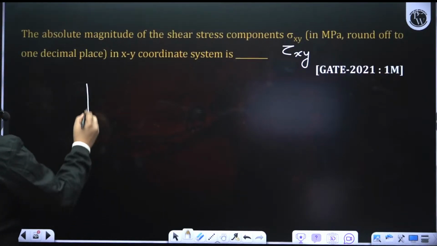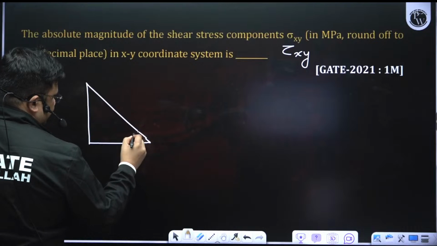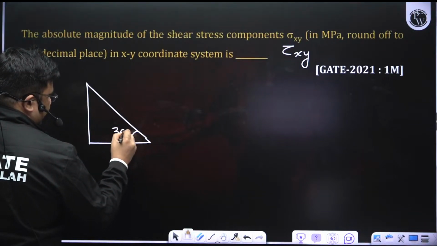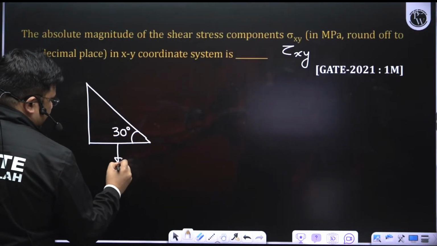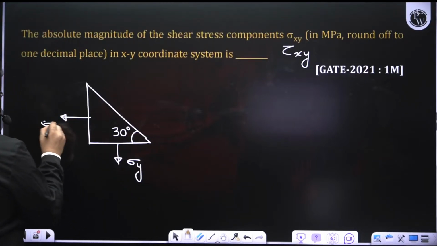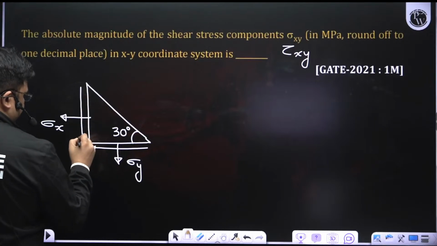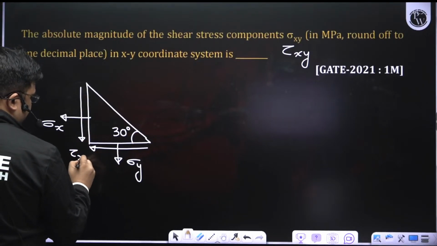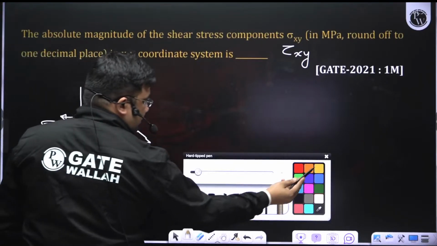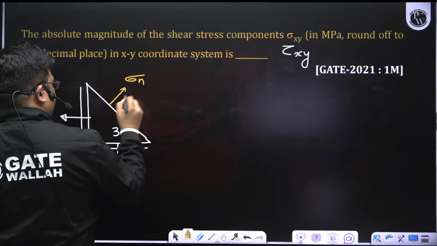You see something like this is given, right? This is given 30 degree, and this is given sigma y and sigma x, and then tau xy. Some stress is given, that is the normal stress, and then shear stress is also given.